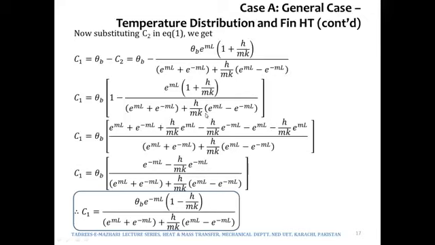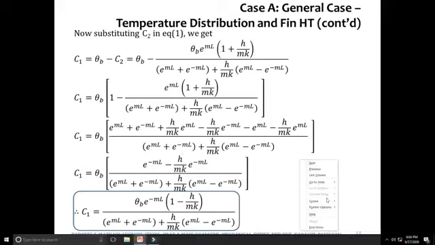And then if we take the LCM, all this which is here in the denominator will be multiplied with 1. So we will have e to the power ml plus e to the power minus ml plus h over mk e to the power ml minus h over mk e to the power minus ml, and then whatever we have in the numerator over here. So it would be minus e to the power ml and then minus e to the power ml h over mk.